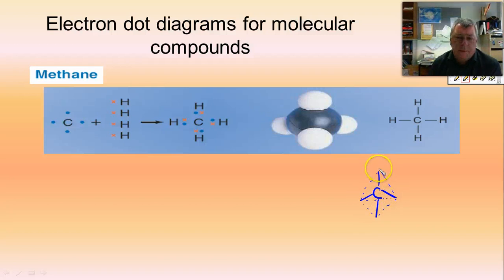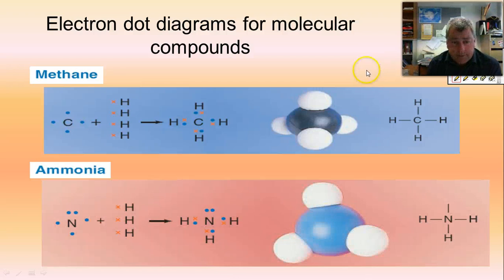Sort of like a pyramid with a triangle as its base. So that's just how it occurs, but we're drawing them 2-dimensionally, so we don't have to worry too much about it. Ammonia, again they've drawn the lone pair there, but I wouldn't recommend that you draw that. And this is our electron dot diagram showing you 3 bonds needed to make ammonia.